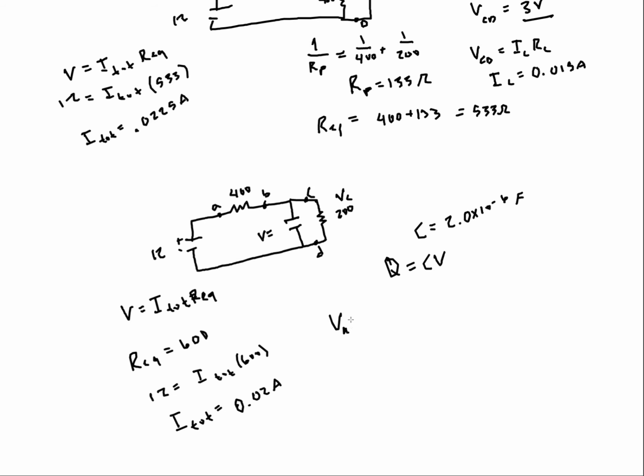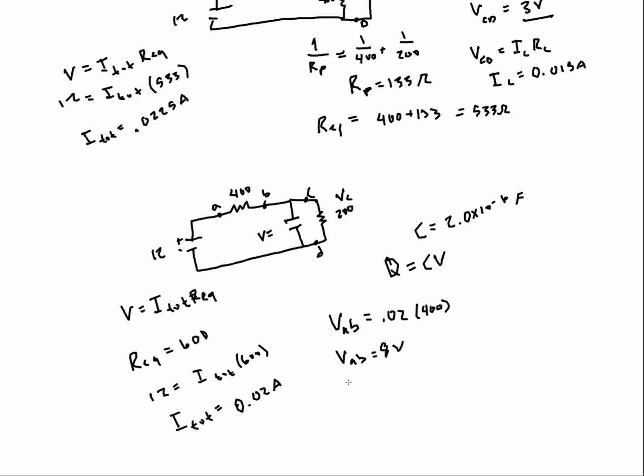So VAB is going to equal my total current, which is 0.02, times my resistance, which is 400. Times 400, looks like it's going to be 8 volts.